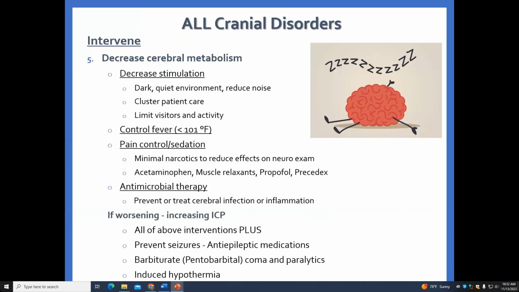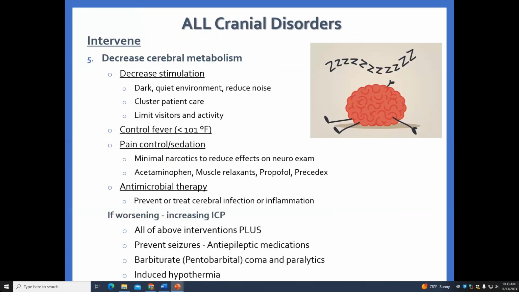But then we also have decreased the brain function. That's where you can put the patient into a coma, which is basically telling the brain, shh, don't worry about it, just go sleep. Because the brainstem is always regulating our heart rate, respiratory rate.